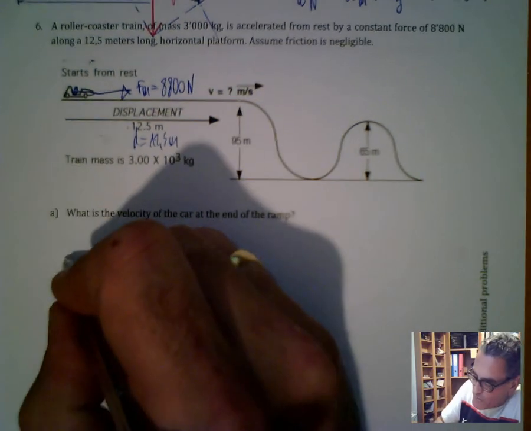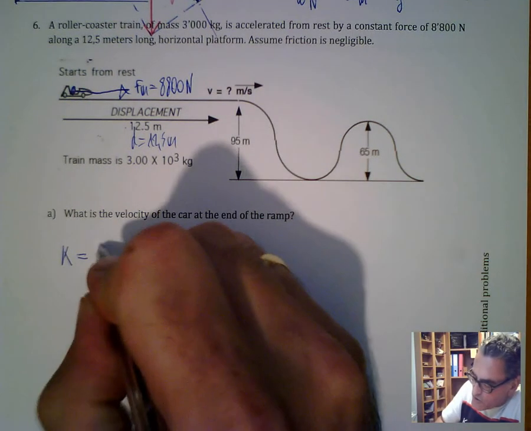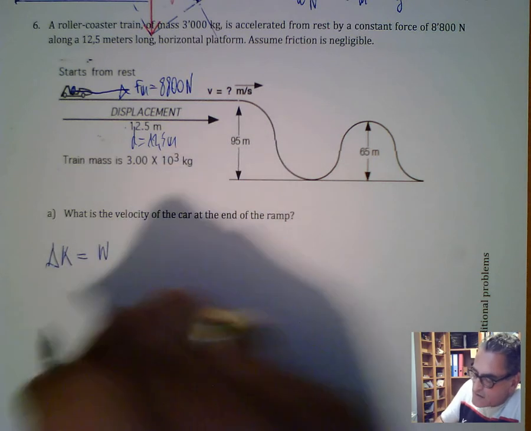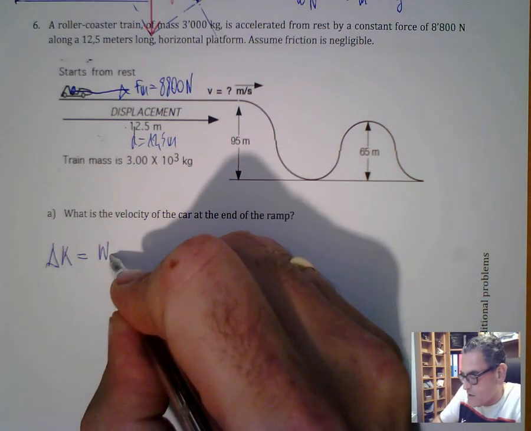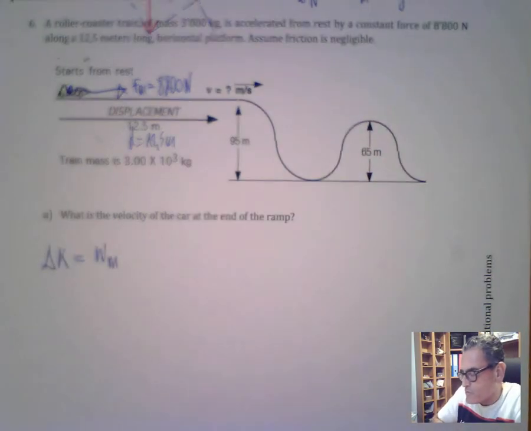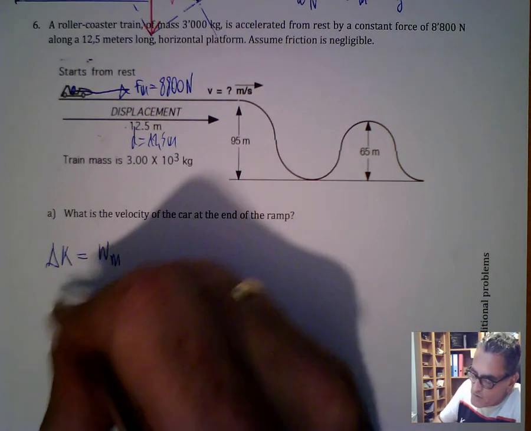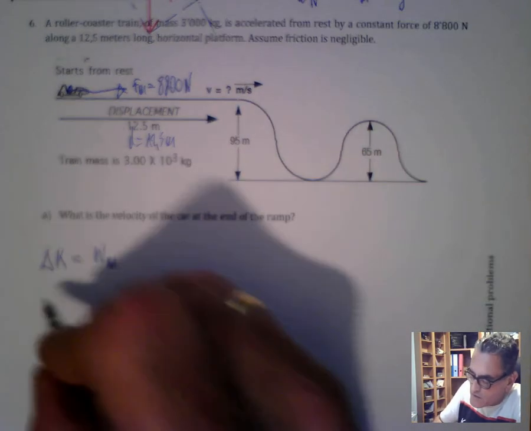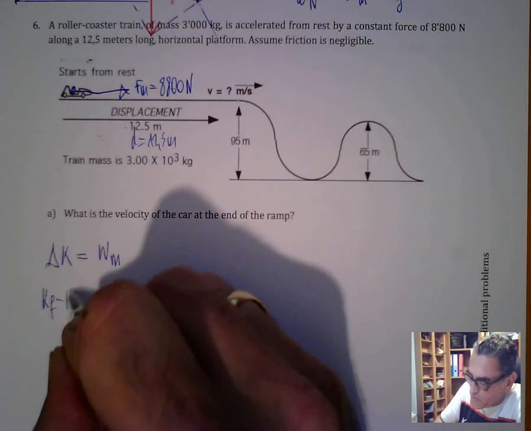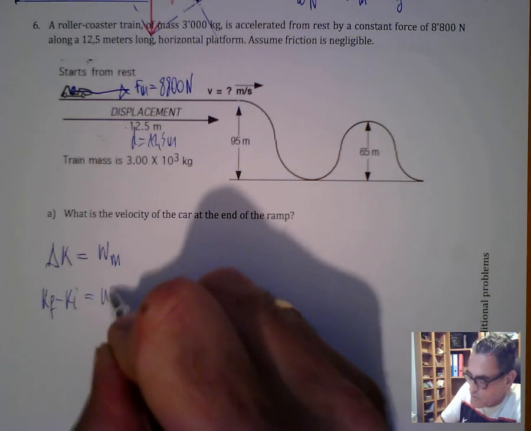We know that the kinetic energy, the delta K, the increase in kinetic energy, is equal to the work of the motor force. We know that this delta K is going to be K final minus K initial.